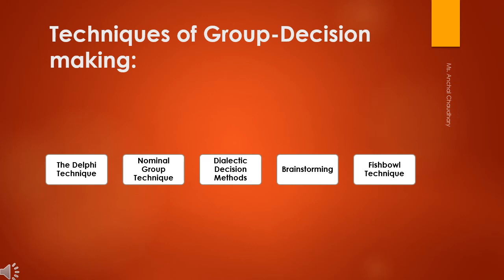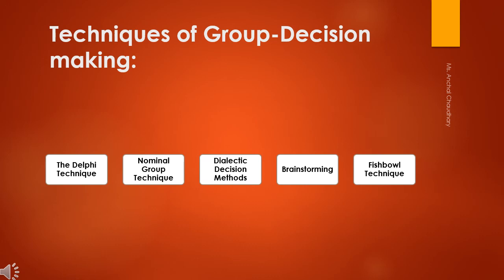Techniques of group decision making. First is the Delphi technique. Members with expertise and relevant information concerning an issue are selected to make the decision regarding that issue. Questionnaires are sent to the group members who record their answers in writing. Basically, you create a questionnaire based on your problem and send it to the group of members, where they have to write their answers. The group members don't meet face to face, and they don't know each other who are involved in that group.